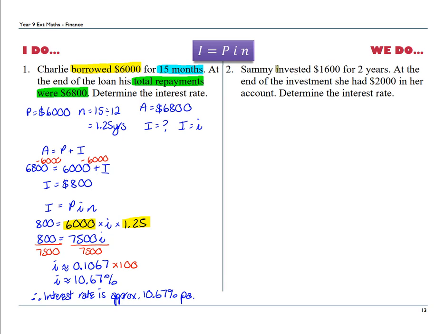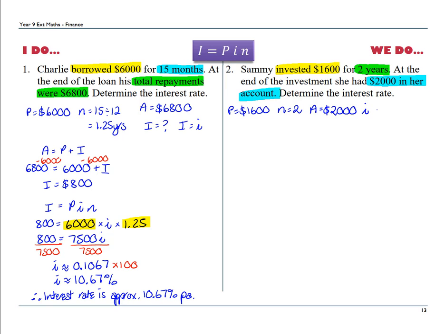Okay, so let's pull out the information. She invested $1,600. So our principal is $1,600. That was for 2 years, so our N equals 2. At the end of the investment, she had $2,000 in her account. So that represents our total amount.